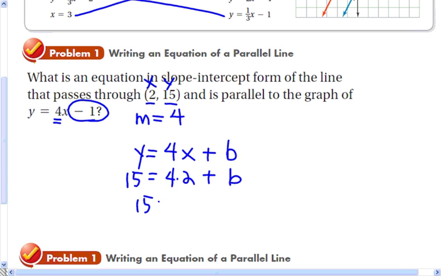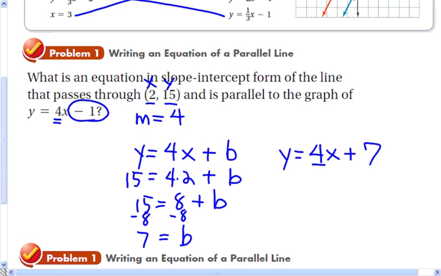So 15 has to equal 4 times 2 plus b. And if I subtract 8 from both sides, I see that b is 7. So my equation is y equals 4x plus 7. The 4 makes it parallel, and the plus 7 makes it work with that point.